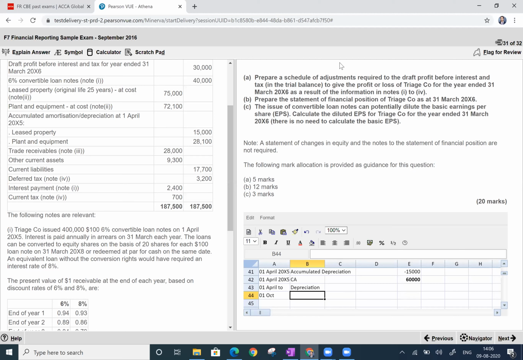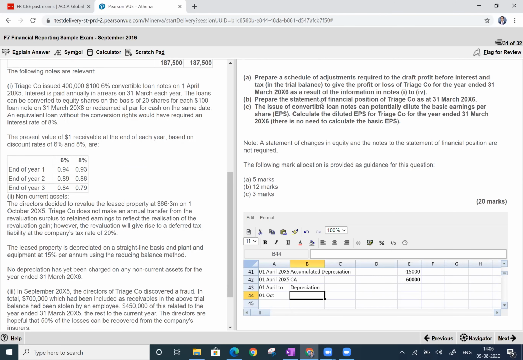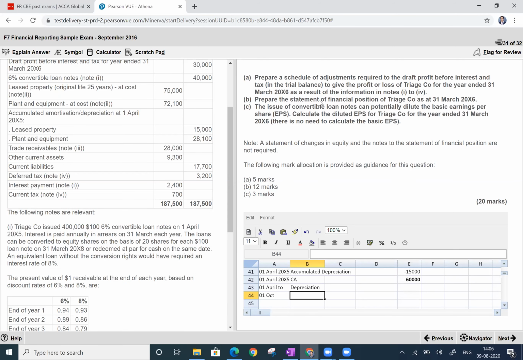Now you have to read the question. What is the useful life? Leased property is depreciated on a straight line basis and plant and equipment at 15%. So they have given plant and equipment as 15%. Don't take that one because that is depreciation of plant and equipment. What we need is depreciation of leased property.